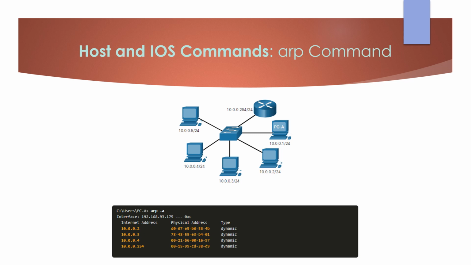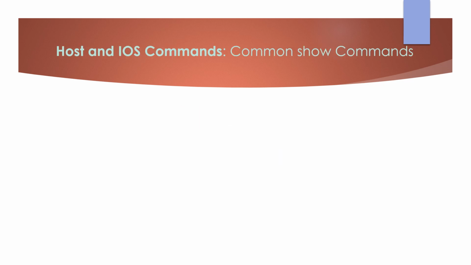In the same way that commands and utilities are used to verify a host configuration, there are commands that can be used to verify the interfaces on the intermediary devices. The Cisco IOS provides commands to verify the operation of router and switch interfaces. The Cisco IOS at the command line, by using the show commands, will display relevant information about the configuration and operation of the device.